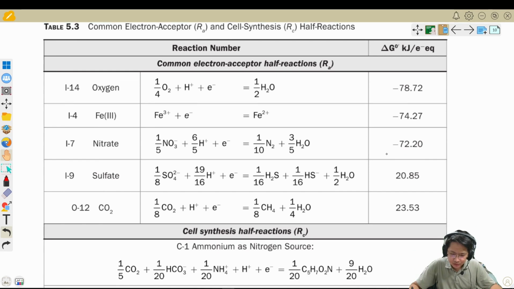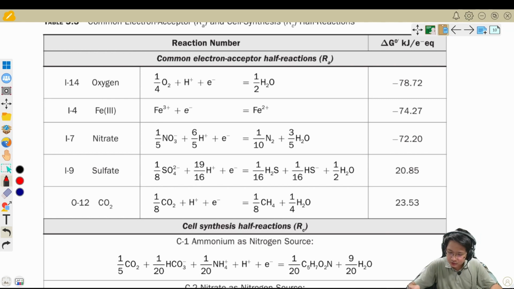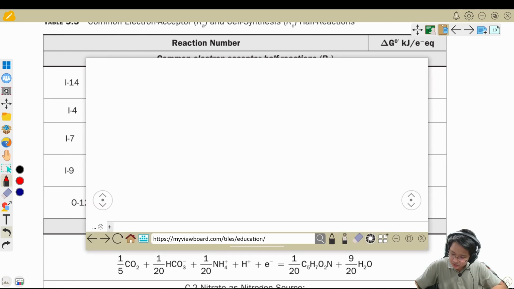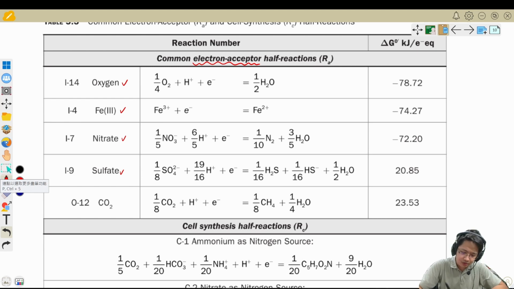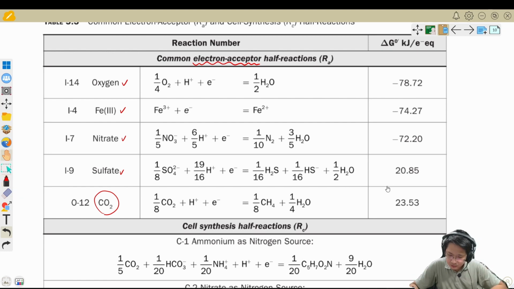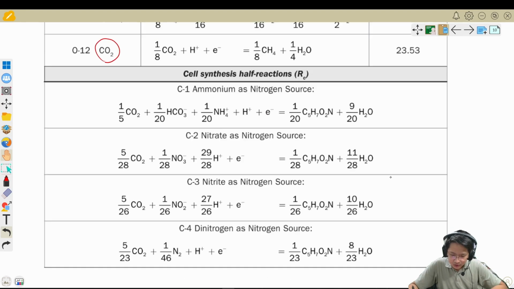You will get one part of the common electron acceptor half reactions used for oxygen, ferric ion, and also nitrate and sulfate as the electron acceptor. And sometimes you will have to use CO2 as the electron acceptor for autotrophic growth.